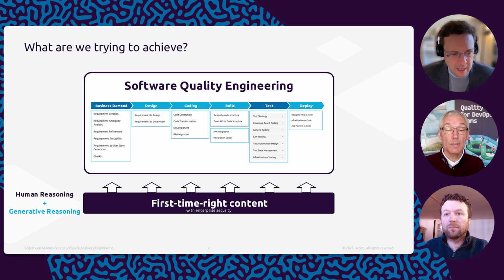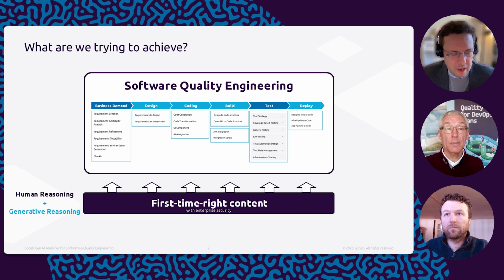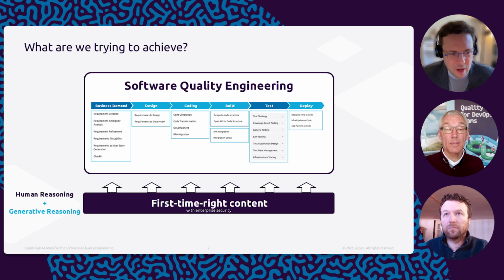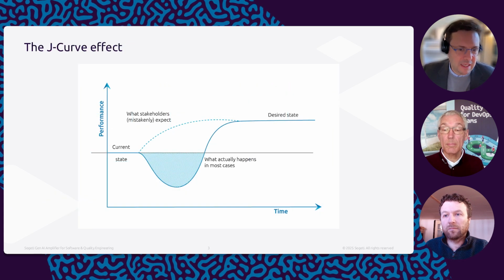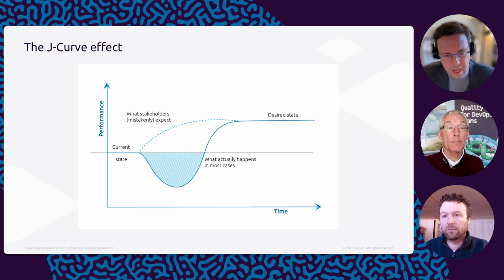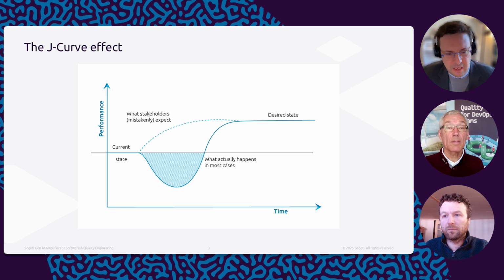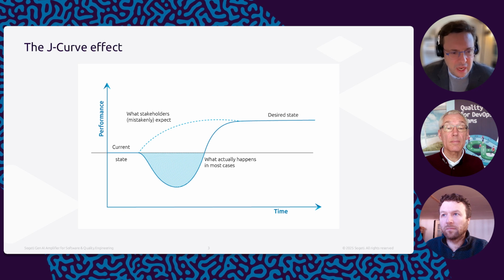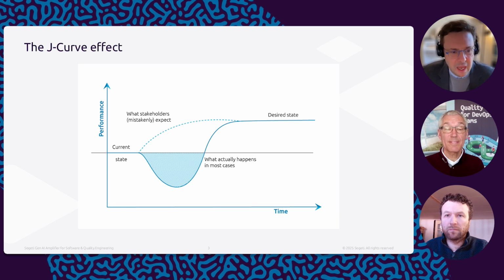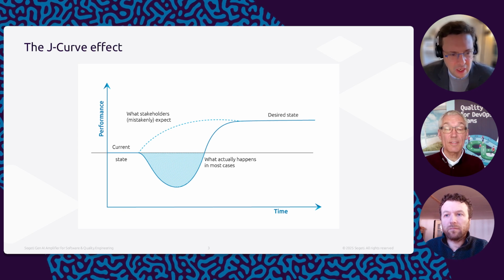And on the next slide, we're actually talking about the J-curve effect. It's a very known thing that we are measuring and assessing as soon as a new tech comes in and hits software quality engineering.